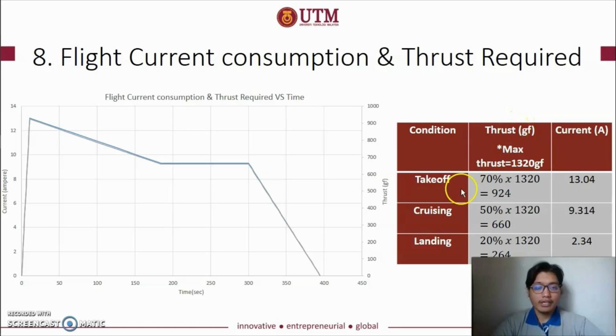For example, for takeoff, we need about 70% of max thrust, while for cruising, we need about 50% of max thrust, and for landing, we need less thrust, which is about 20% of max thrust. Since we require more thrust and current during takeoff, the estimation of 70% of max thrust gives us the value of 924, and the current required is 13.4 ampere. And the same goes for cruising and landing, but with a different percentage.